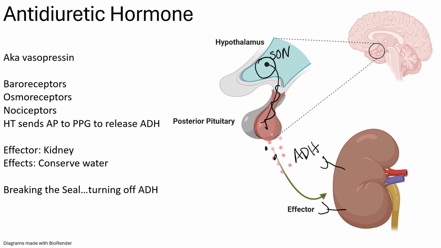This idea, breaking the seal, relates to the idea of turning off ADH. Alcohol, nicotine, all the good stuff turns off ADH, and all of those lead to increased urination. When ADH is inhibited, you stop conserving water. And this not only results in frequent trips to the bathroom, it results in chemical dehydration of your blood.